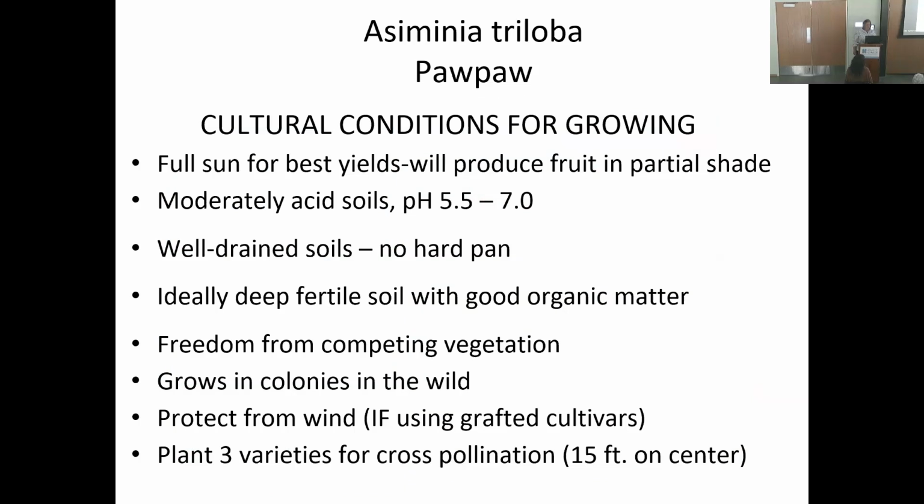So again, full sun for your best production of fruit, but it will also grow in part shade, and it's a really very attractive, architectural type tree. It has big leaves, sort of coarse textured.